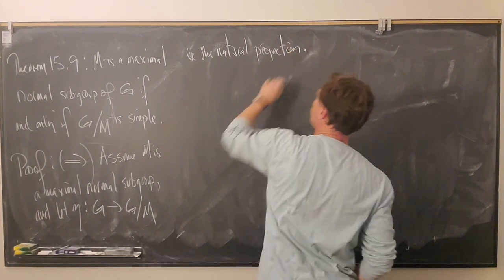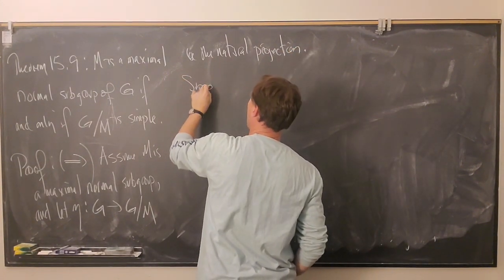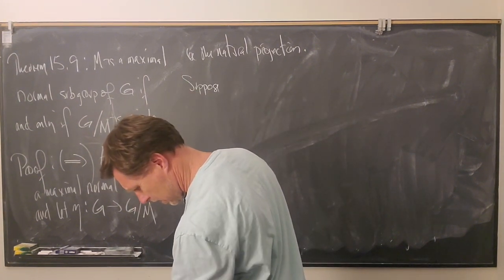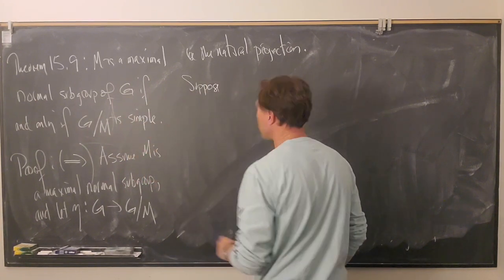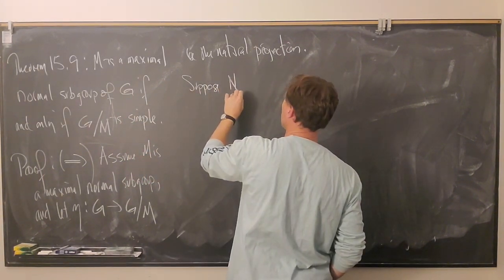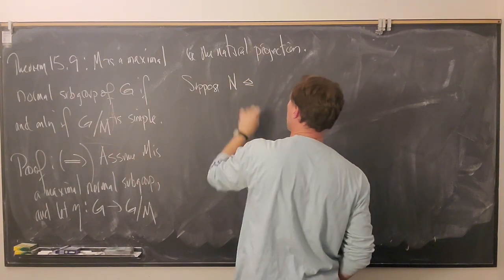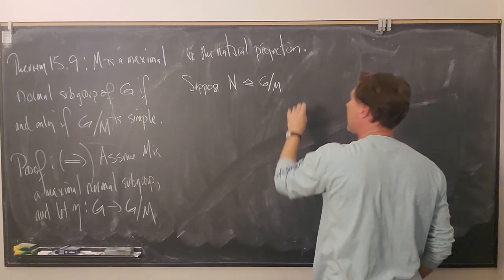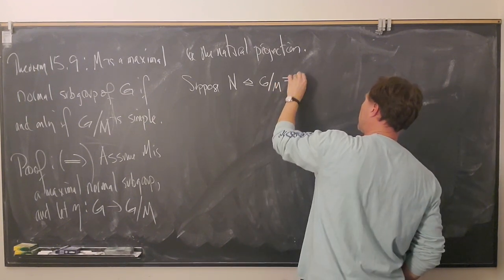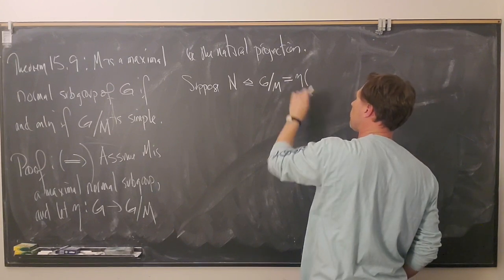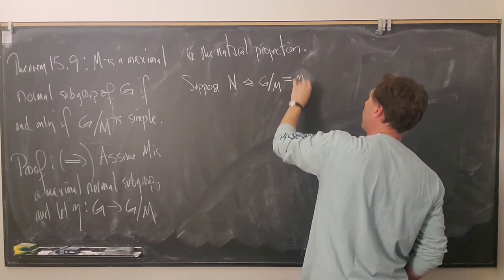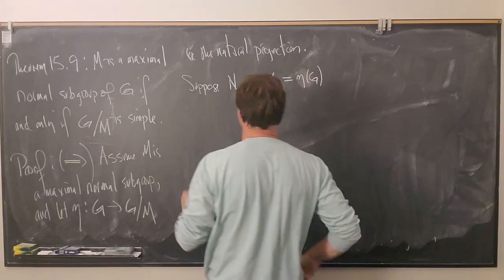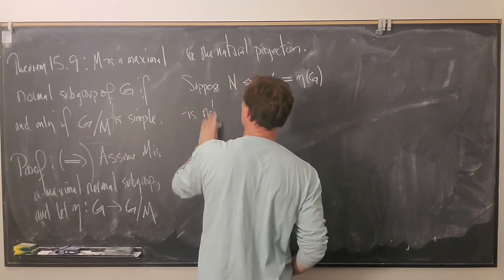Now, suppose N is a normal subgroup of G mod M, which, by the way, G mod M is equal to the image of G. So suppose this is a normal subgroup, and we want this to be non-trivial.